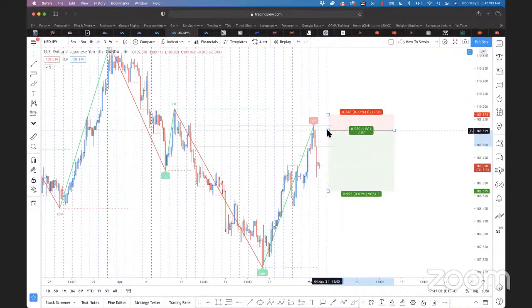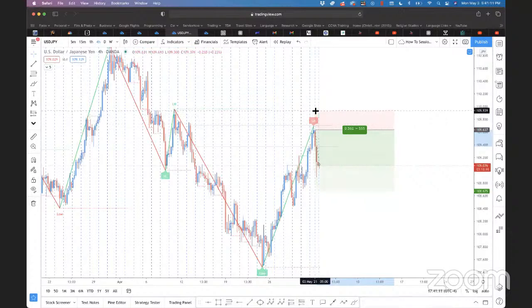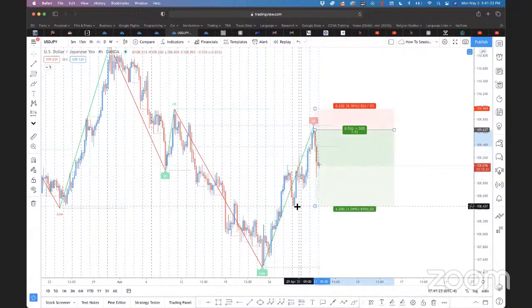I finally get my entry signal right here. So if I enter this trade, this is going to be my initial setup, and what I'm looking for is to trade to either another order block or another area of liquidity, like this area right here, right?